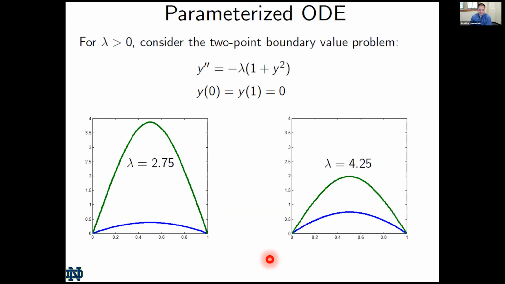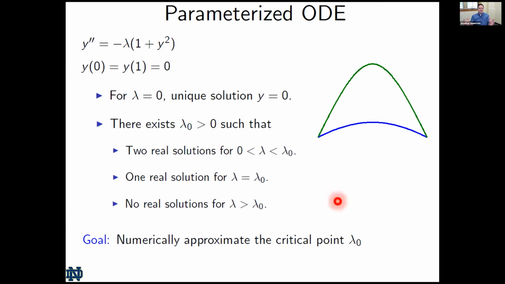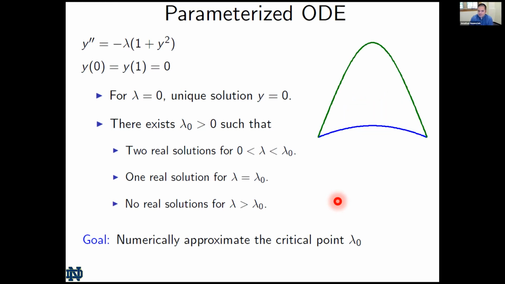And the question is what value of lambda do these actually match? Okay, so from a theoretical perspective, you know that there is some parameter lambda naught where there's 2 solutions. If you're smaller than it, you have exactly 1 solution, so that means those 2 solutions merged. And then once you go beyond it, there's no solutions.